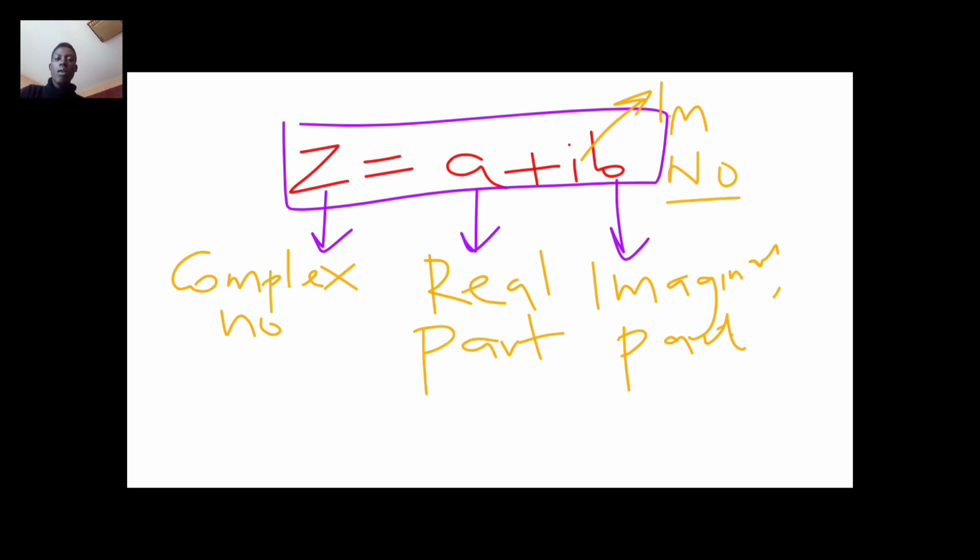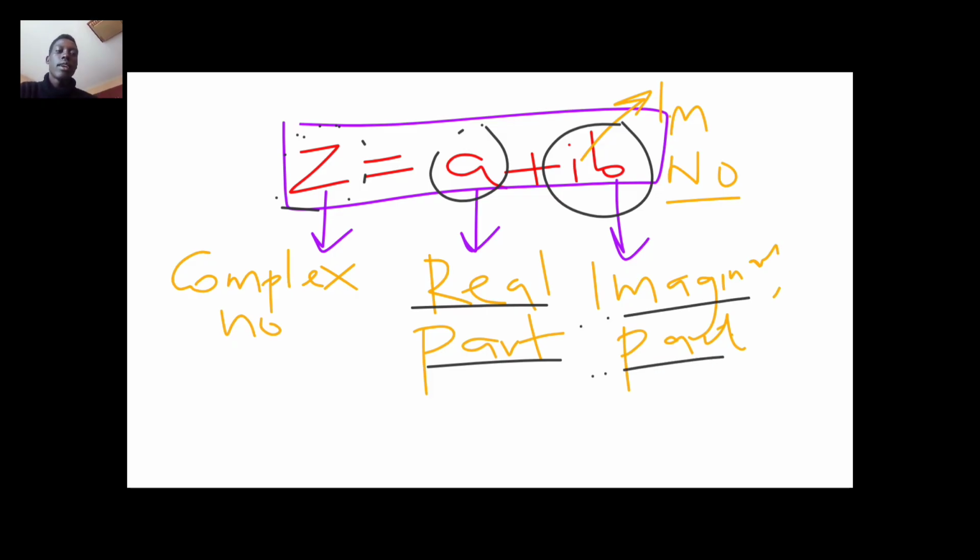So this is the form of a complex number: z is equal to a plus ib, where a is the real part, b is the imaginary part, and i is the representation of the imaginary number.